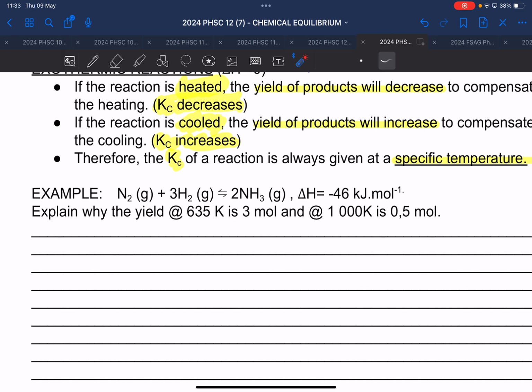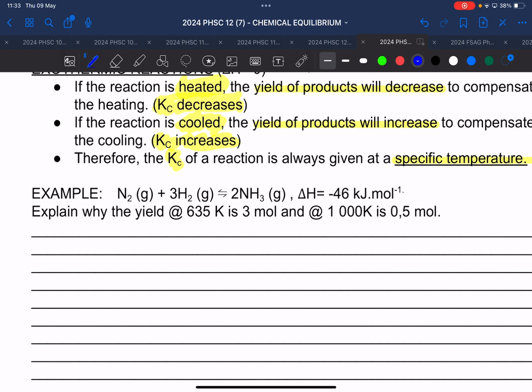Now they ask us to explain why the yield at 635 Kelvin is 3 mole and at 1000 Kelvin it is 0.5 mole. So the yield, how much product forms: we have 3 mole at the lower temperature and 0.5 mole at the higher temperature. Now I'm going to go through this with you and see how to explain this.